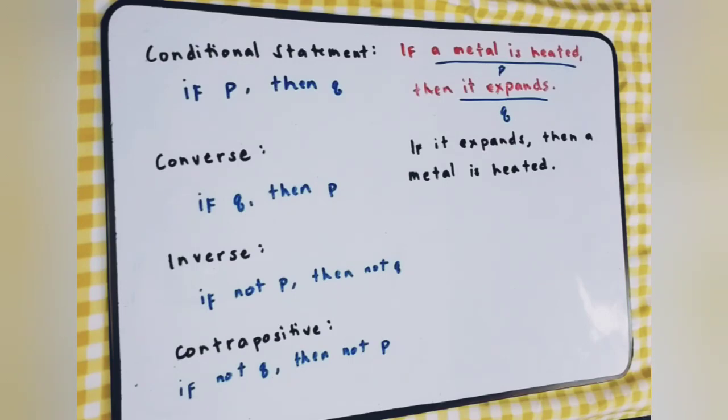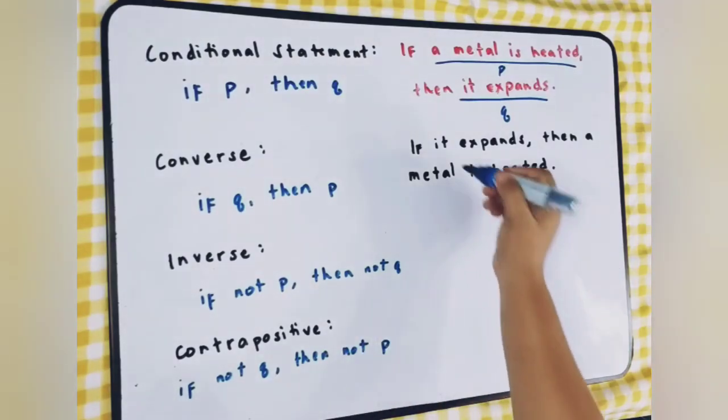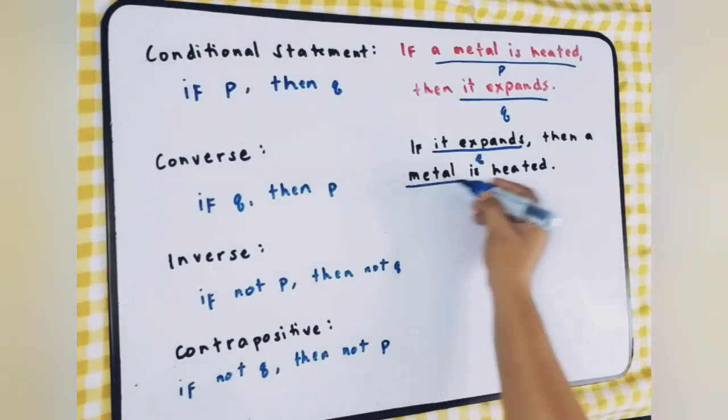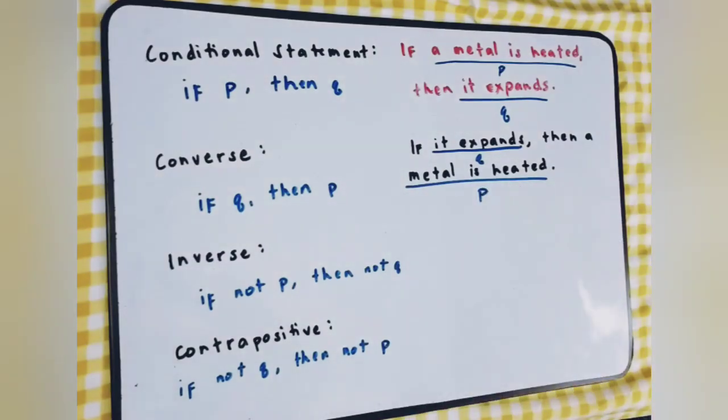Here, I'm showing that the converse really interchanges: if Q, then P. It just swaps places. For the inverse, it is now if not P, then not Q. So what will we do? We're going to negate the conditional statement.